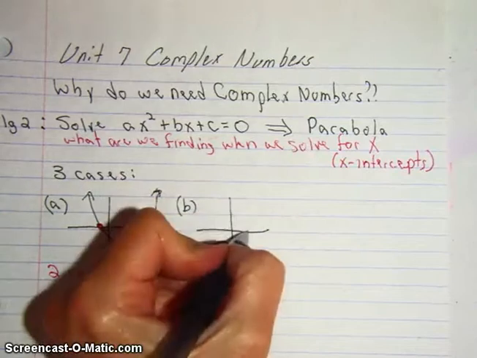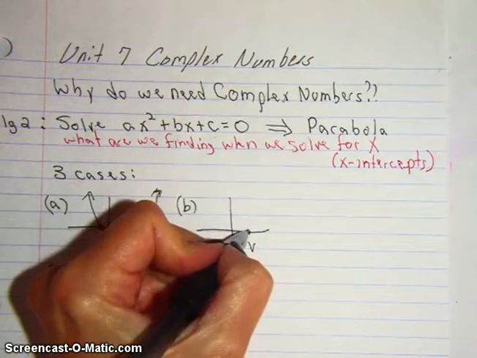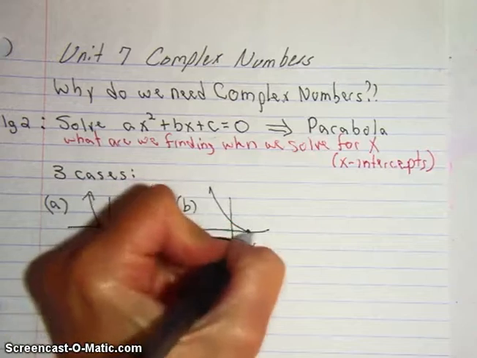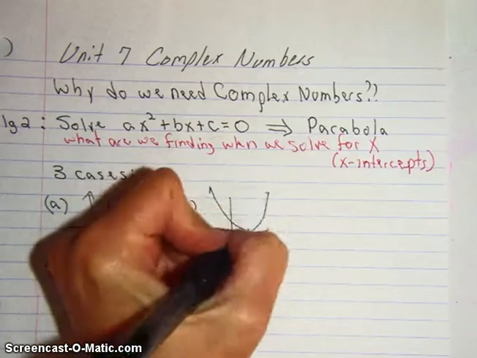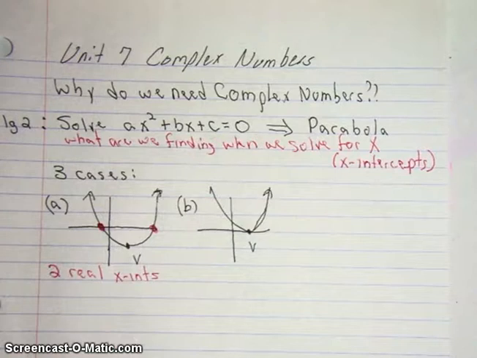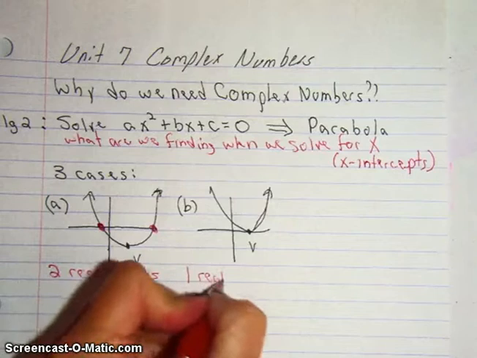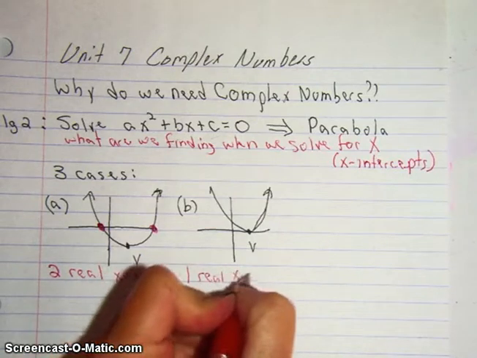This time, the vertex is there. How many x-intercepts, gang? Okay. 1 real x-intercept.